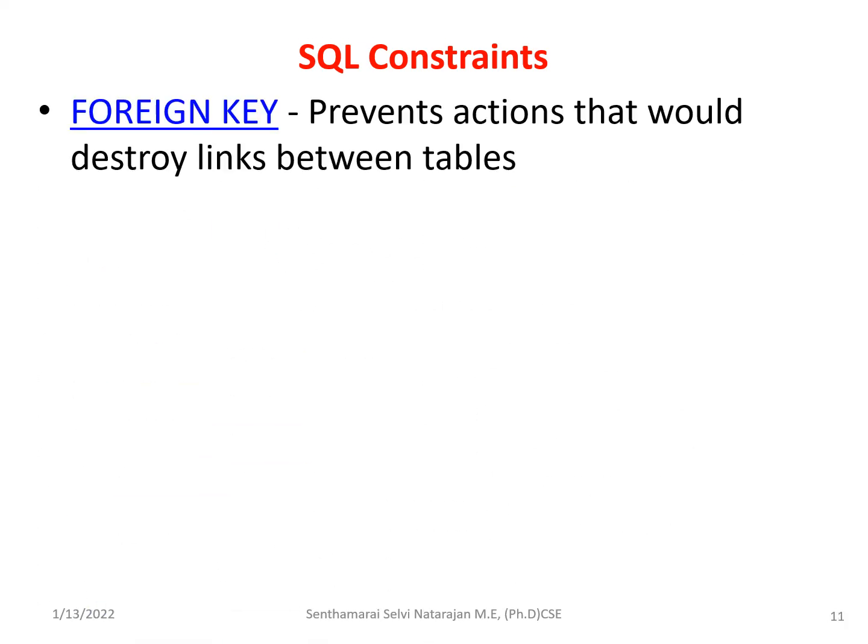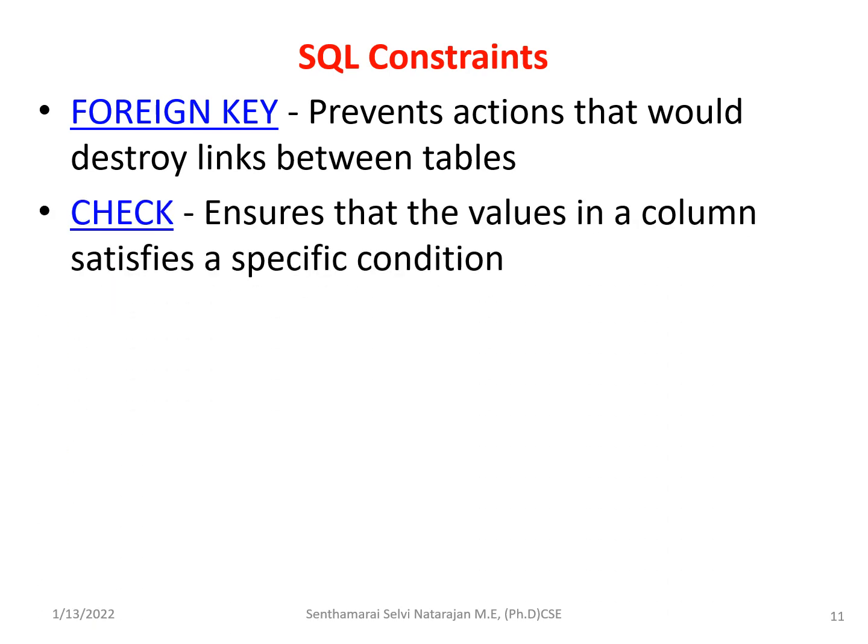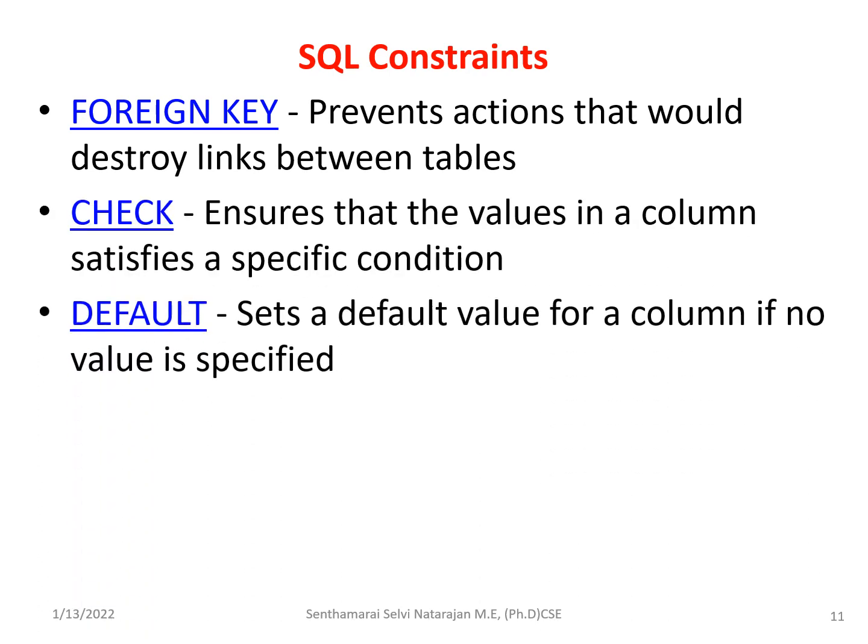Next constraints are foreign key constraints, and then check constraints, and then default constraints. Foreign key, you see here, prevents actions that would destroy links between the tables. You will be checking which is the primary key of the other table and how you are going to link it with the foreign key, as I have explained in the example. So this is one constraint.